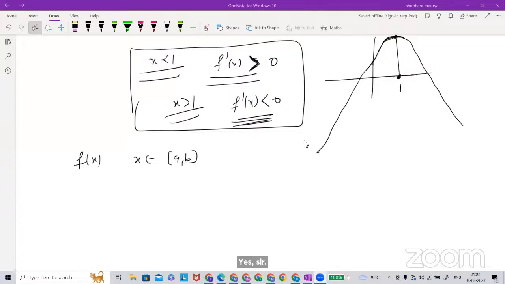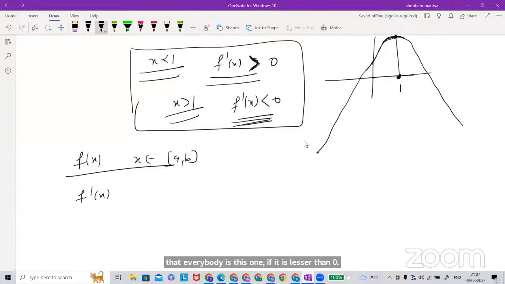If you have this function in this interval and you differentiate it, the derivative is this one. If it is lesser than 0 in this interval, then the function is decreasing. If it is greater than 0, then it is increasing.